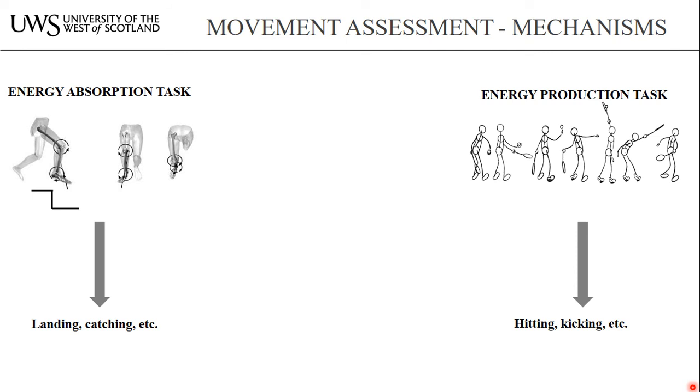In terms of mechanical force absorption, we can consider a common task like descending the stairs or stepping down from the top of a box, where all the muscles of the lower limb, beginning with the ankle plantar flexors, then the knee extensors, and finally the hip extensors, are acting eccentrically, trying to absorb the forces required to perform that task.